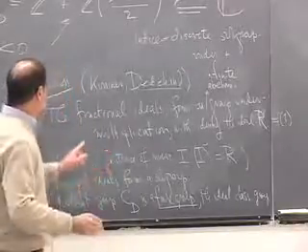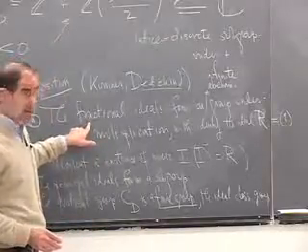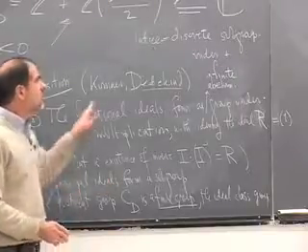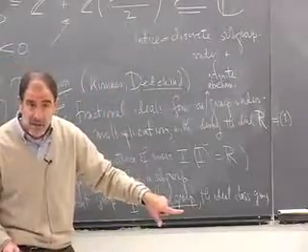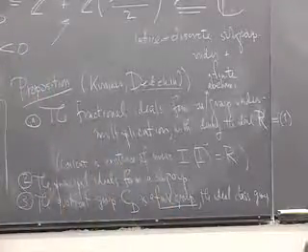So not every element of this group is a genuine ideal. It's a fractional ideal. But if you allow yourself to modify it by a principal ideal, you can make it a genuine ideal. And the reason is this. That's a good question. Let me just say that very briefly.